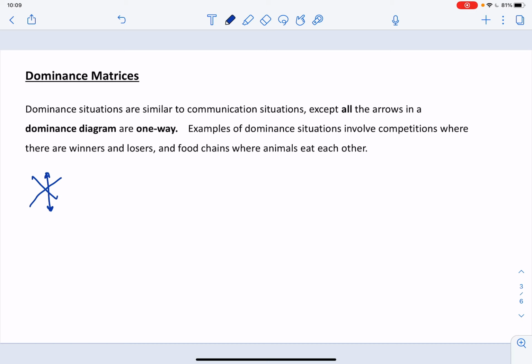So if you're thinking a soccer game. Australia plays Italy, Australia wins. Italy doesn't. Therefore, the arrow goes from Australia, beating Italy. Slim chance of that happening, but hey, you never know. Or food chains where animals eat each other. So, for example, we've got our plankton.